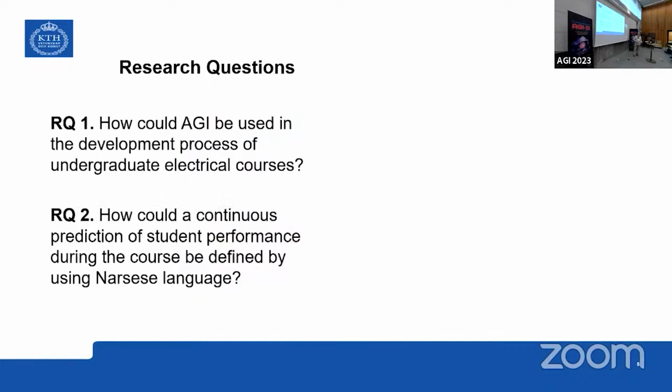And then I wrote these two research questions: how could the AGI be used in the development process in my courses? And the second one is, how could a continuous prediction of student performance be made during the course?